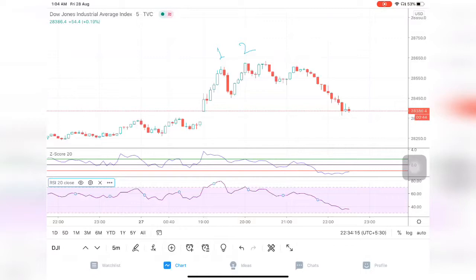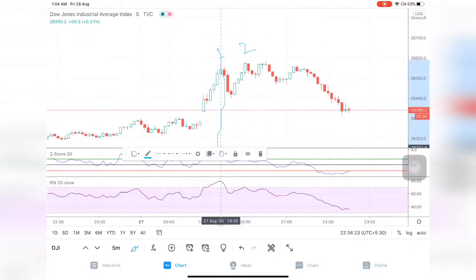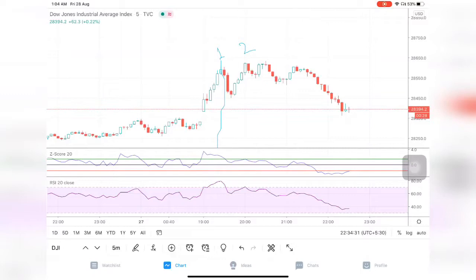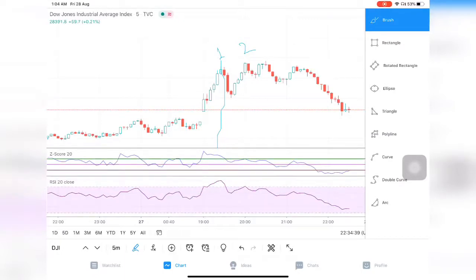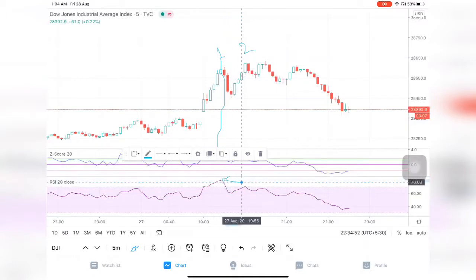So now you can see, let me just draw a line. Okay, so here, this part is the RSI top, and again the RSI is coming down here.